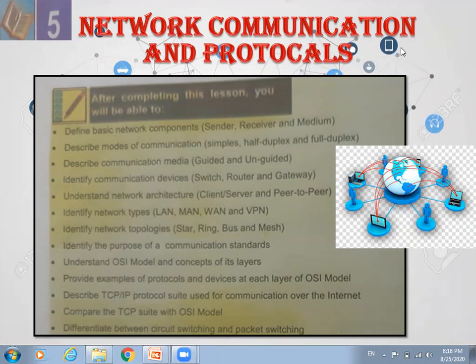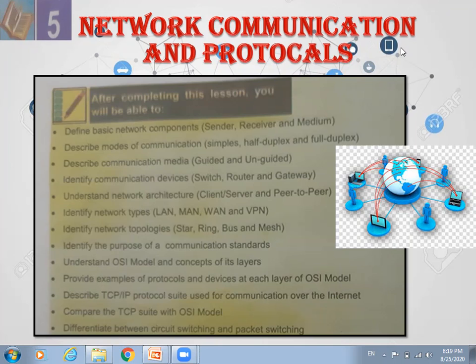Then identify network topologies: star, ring, bus, and mesh. Identify the purpose of communication standards. Understand OSI model and concept of its layers. Provide examples of protocol and devices at each layer of OSI model.